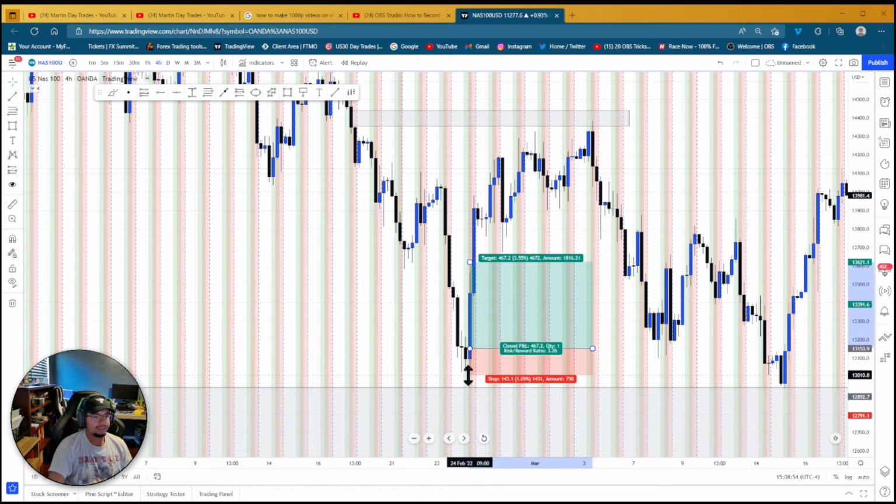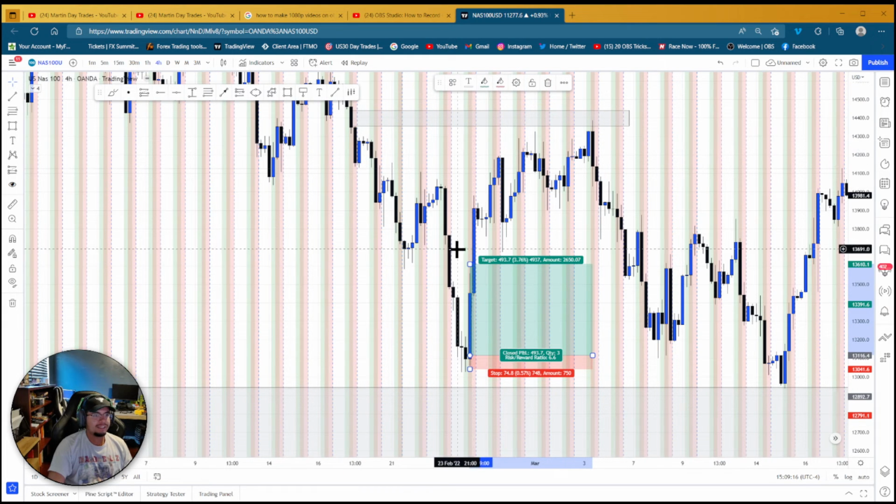Let's say 100-point stop right there. And the way we trade, we probably get it 75. So down here, and we're targeting this fair value gap.